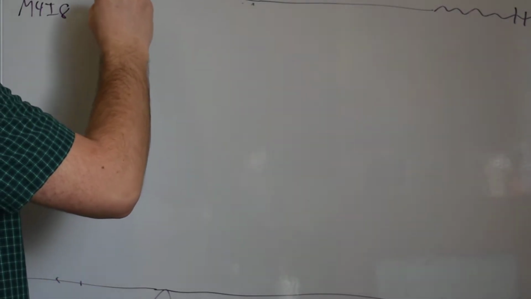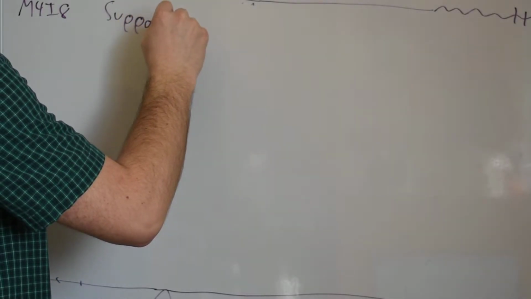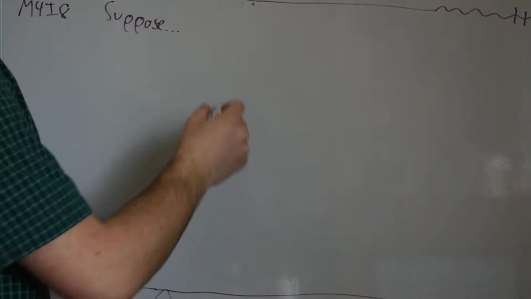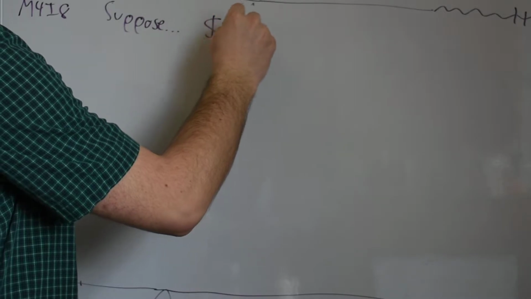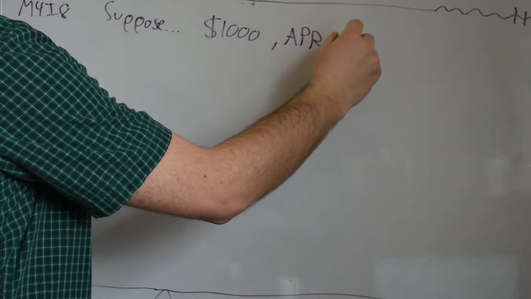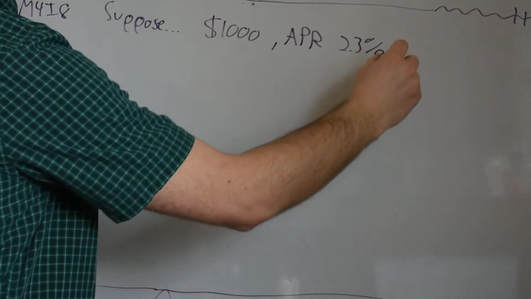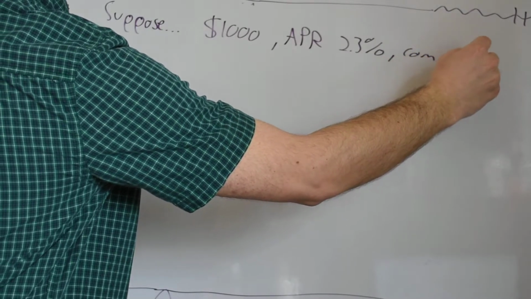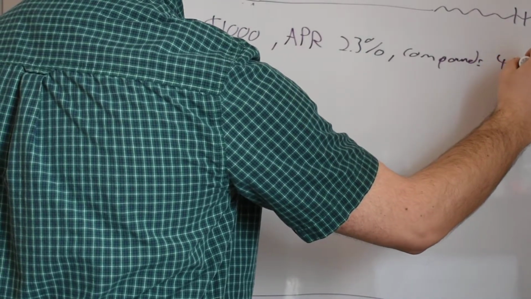So suppose you just graduated and you want to put money into a savings account. So let's say you put $1,000 in a savings account with an APR of 2.3% that compounds quarterly. Compounds 4 times per year.